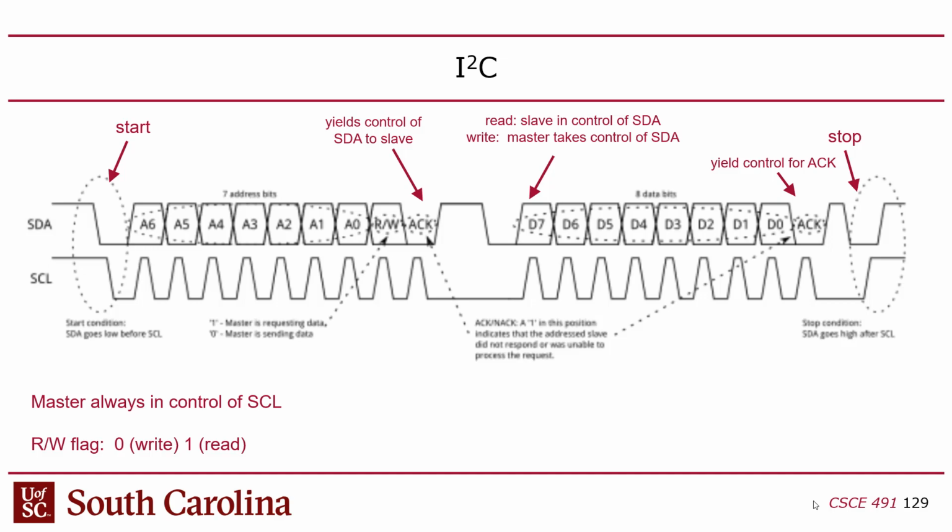So what ends up happening is that if you look at the transitions of the data, they are happening only when the clock is low, right? The data line is supposed to be frozen whenever the clock is high. The only exception to that rule is right here at the beginning, the start signal.